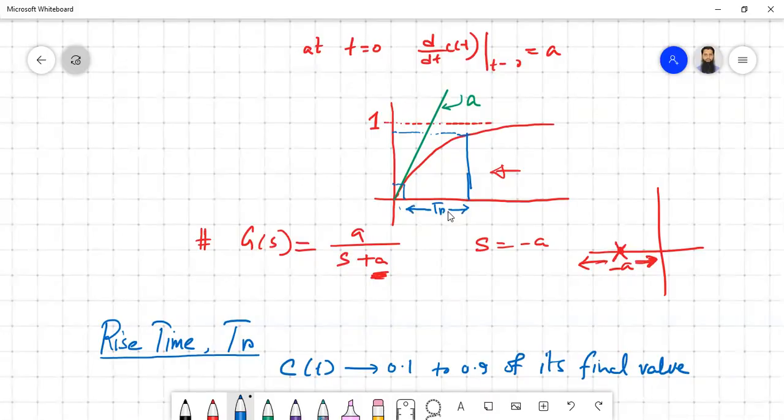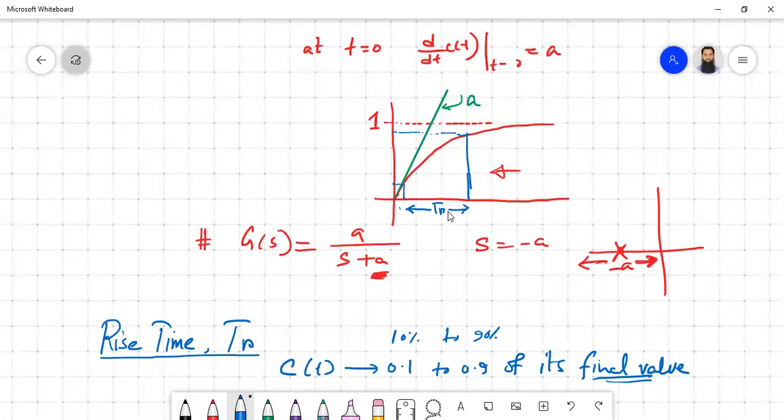Okay, so it is actually better to say 10% to 90% because the final value may or may not be one. Even if we give a step input, the output can be something else because we have some steady state error. Is it okay?